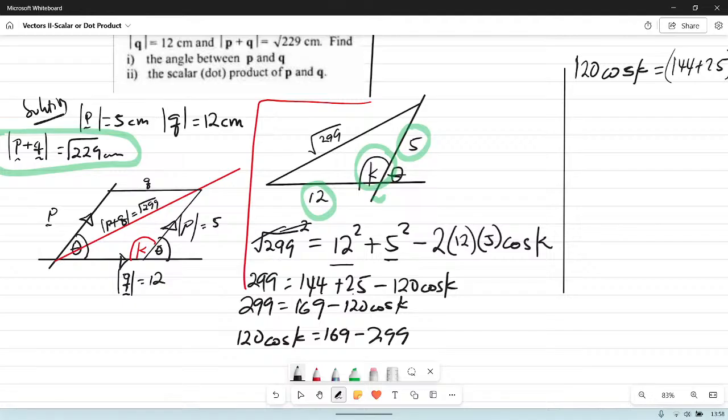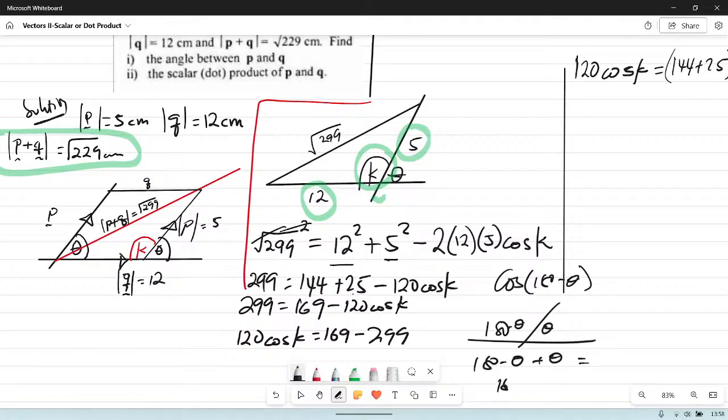I don't know why it's giving me issues. If I bring k as cos of 180 minus theta, because on that line this is 180, if here is 180 minus theta and here is theta, when you add them, 180 minus theta plus theta gives you 180.